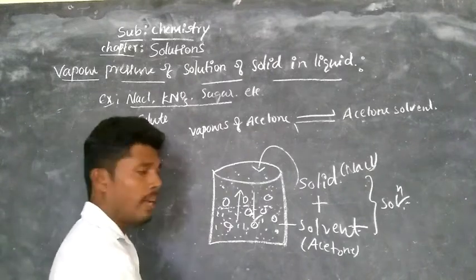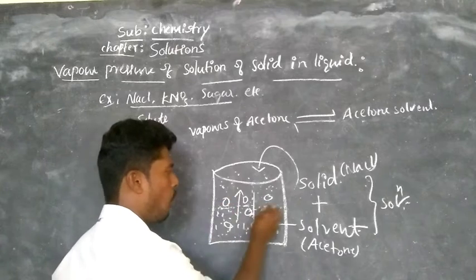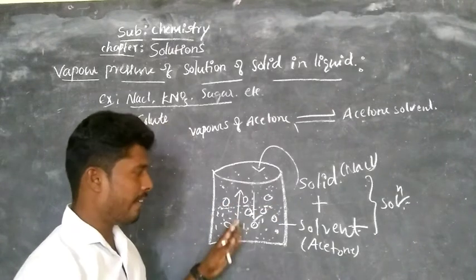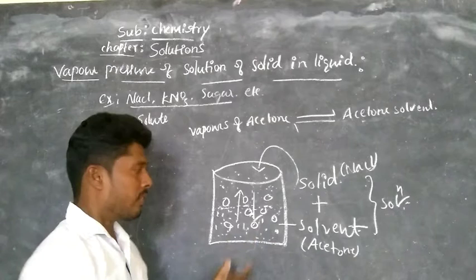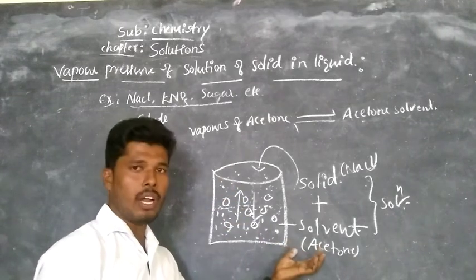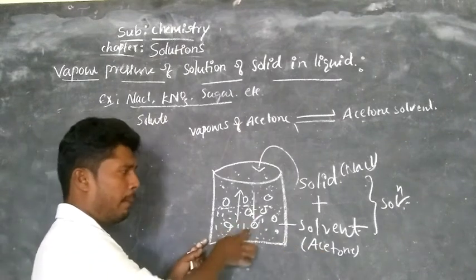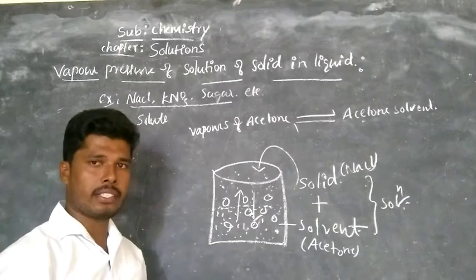After adding, the solid sodium chloride particles are present on the top surface of the acetone layer. This avoids the evaporation of the solvent acetone. Therefore the vapor pressure of the solvent decreases.